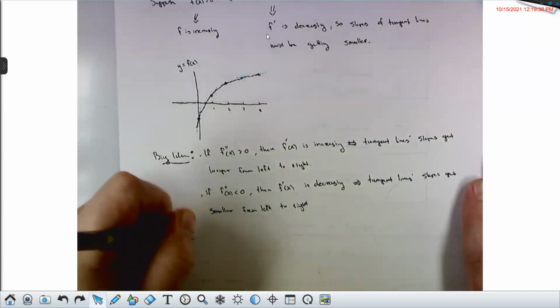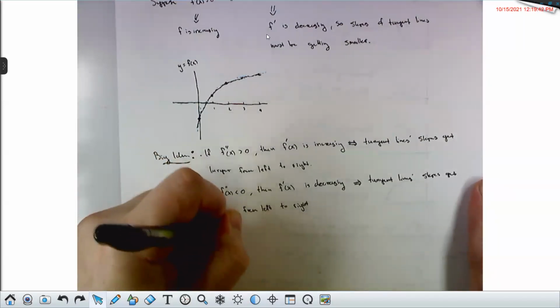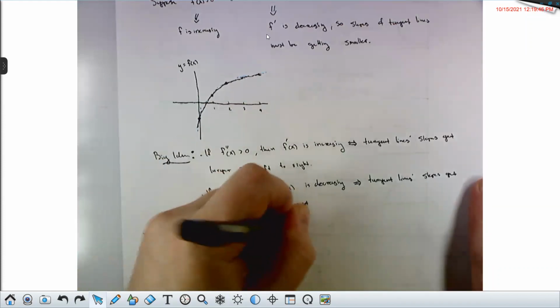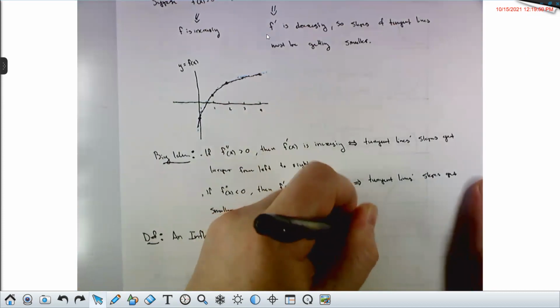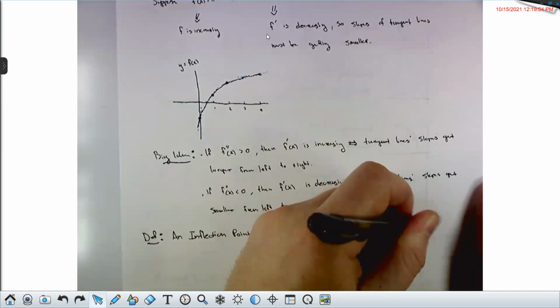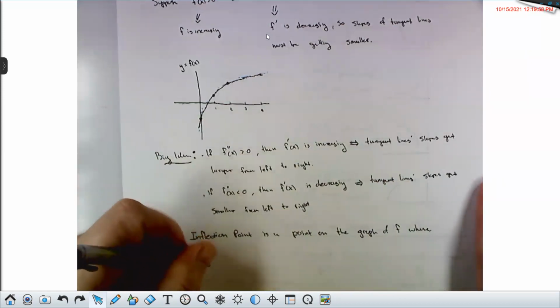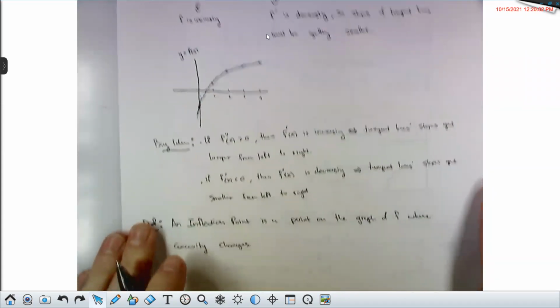An inflection point is a point on the graph of f where concavity changes, right?